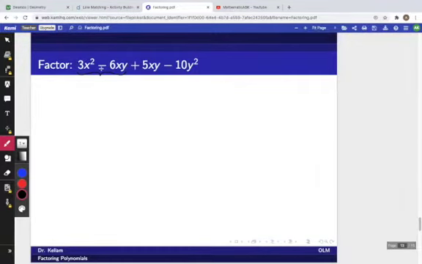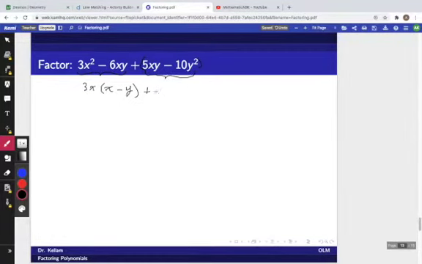The greatest common factor of these first two is going to be an x. So we end up with 3x, because 3 goes into 6 and x, and this will then be x minus y. And now I look at this term, so plus, and what is the greatest common factor of the 5xy and the negative 10y squared?